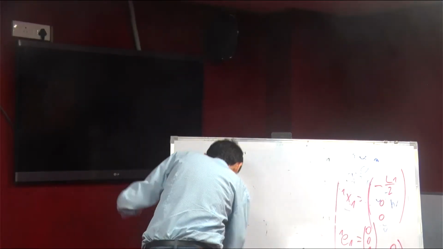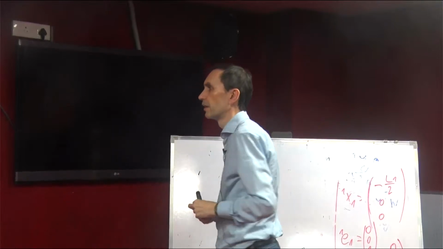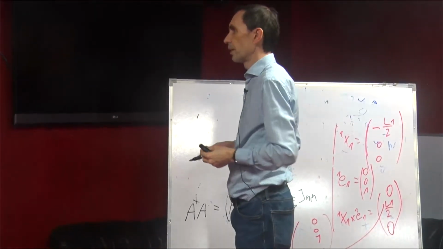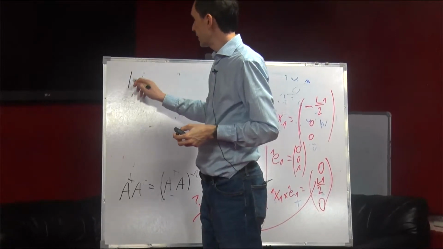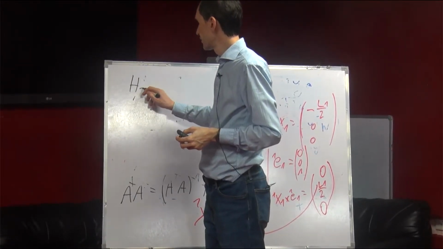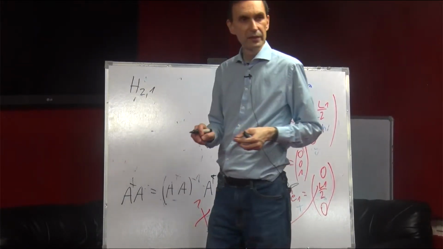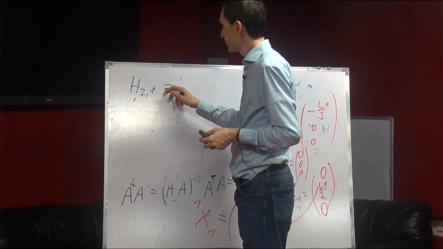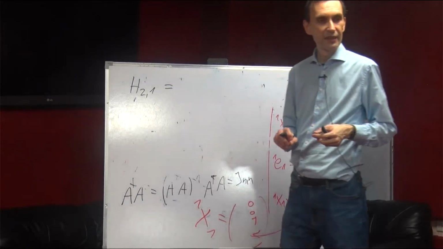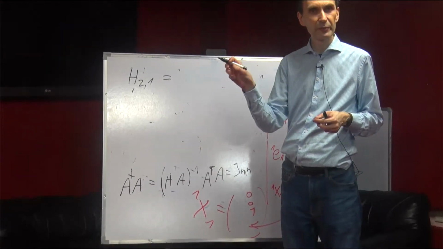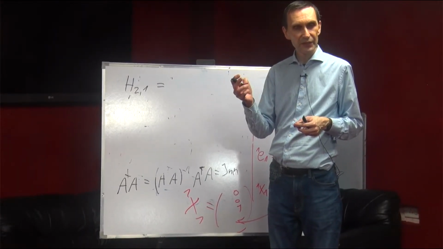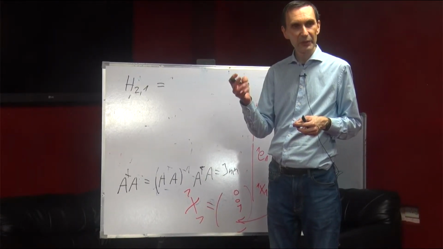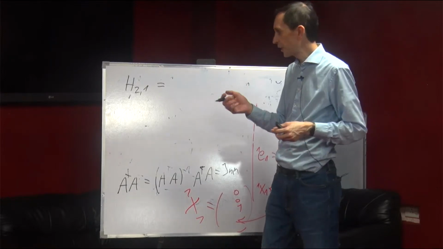So in this formula I need H21. And H21 is what? It's the homogeneous transformation from frame 1 to frame 2. How do you get this? By combining what you know, because you know H1 and H2.